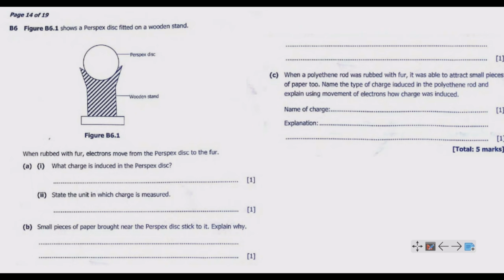Because electrons are leaving this perspex disc, which was initially neutral, we are going to have more positive than negative, so it's going to remain positively charged. As electrons leave this disc, it remains positively charged.